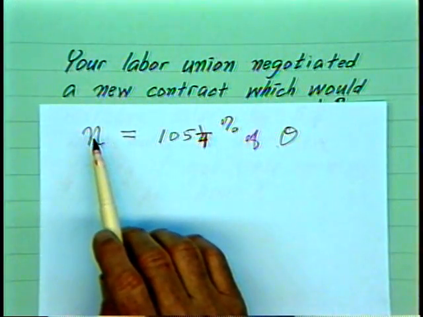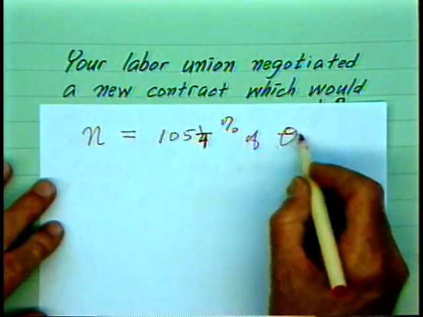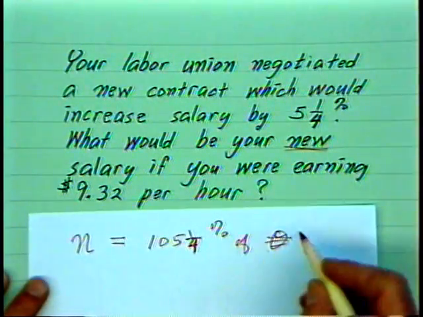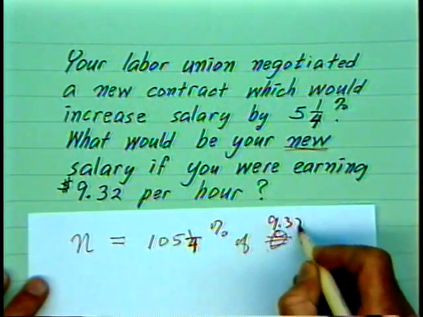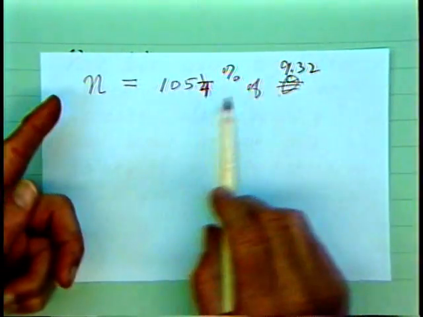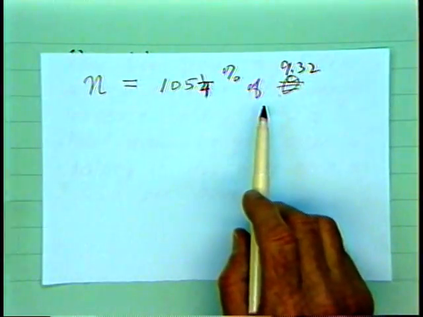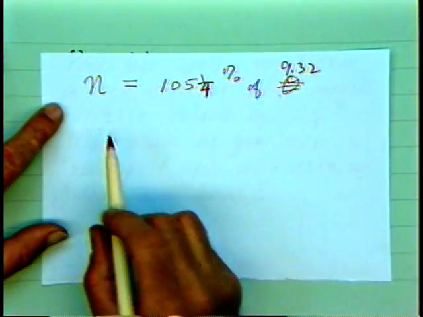So this has a new salary and an old salary, but the old salary I know. It's the $9.32. So what do we have? We have a simple sentence, is, of and percent, and the only unknown is the one I want.